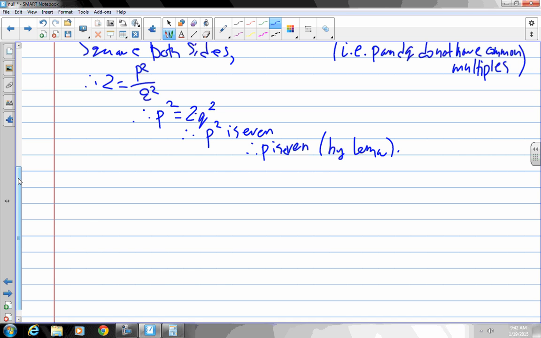How's that so far? So therefore, P equals 2k. If P is even, I can always write it as 2 times k for some integer k. So far, so good?